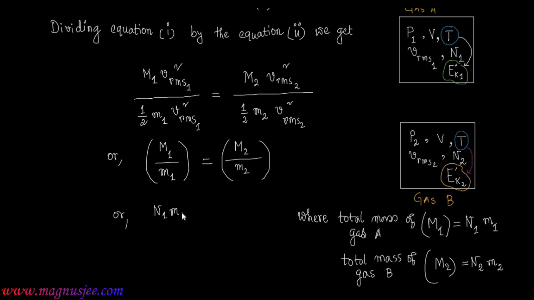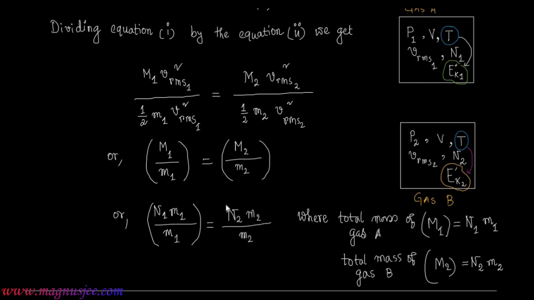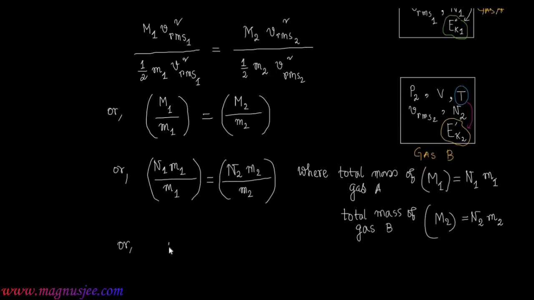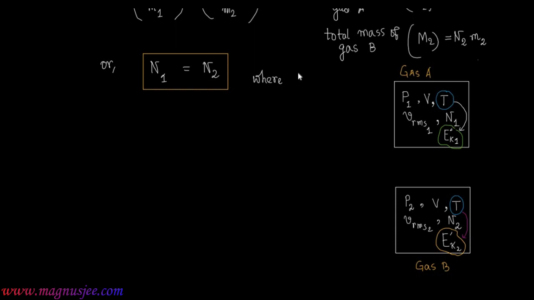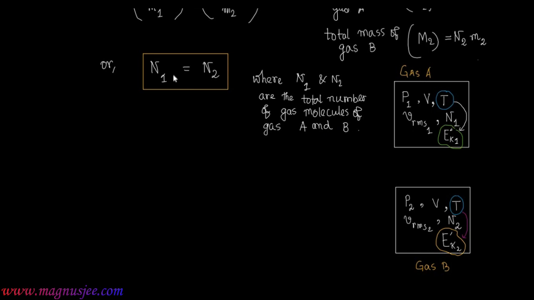Therefore, N1 m1 by m1 will be equal to N2 m2 by m2, or N1 will be equal to N2, where N1 and N2 are the total number of gas molecules of gas A and gas B respectively. So finally we get N1 will be equal to N2.